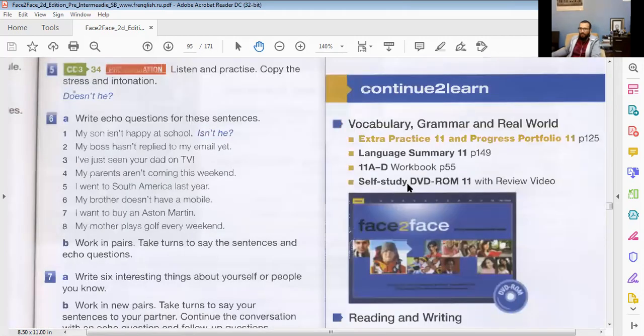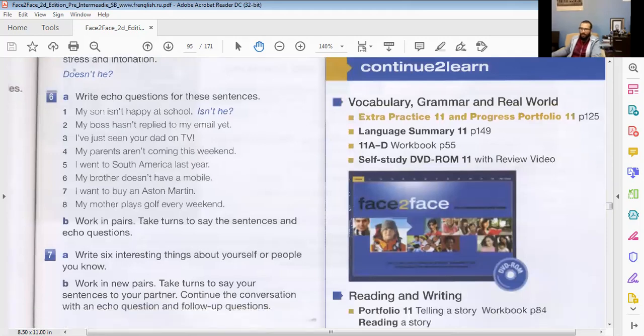So it says here, write echo questions for these sentences. We want to do the same thing as number 3. I'll just read you the sentence and you can think of the echo question. Number 1, my son isn't happy at school. Isn't he? Number 2, my boss hasn't replied to my email yet. Hasn't he? I've just seen your dad on TV. Have you?